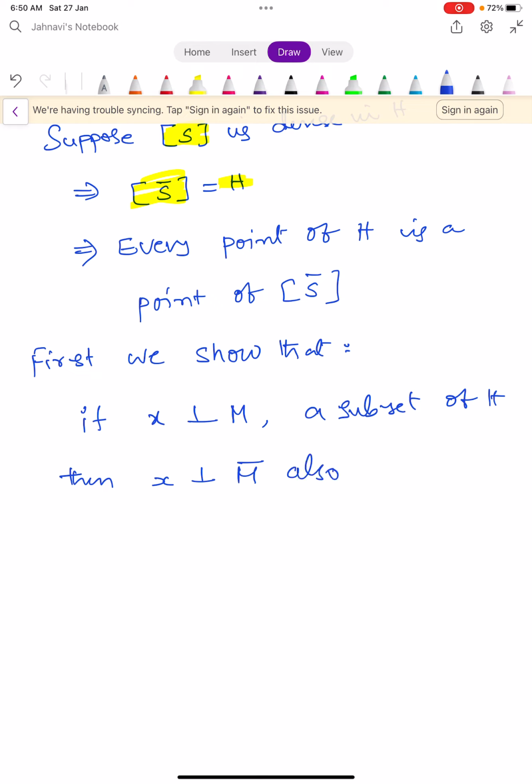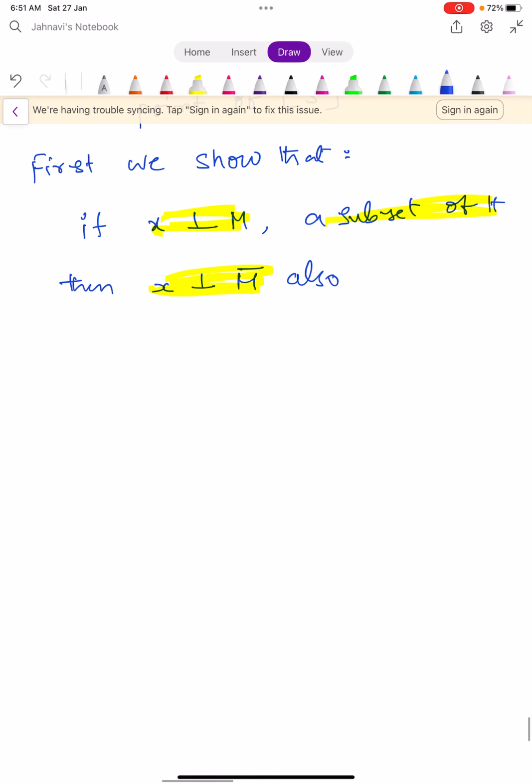So we are going to prove this condition. If x is perpendicular to M, where M is a subset of H, then this x is perpendicular to M bar also.